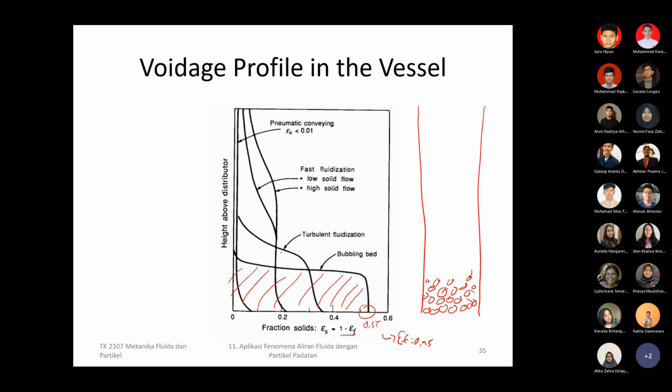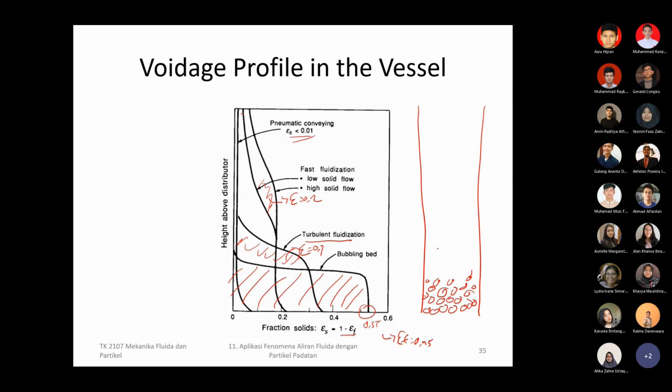And then at the top side, now you're working with turbulent fluidization, and see where the epsilon is here. Here the epsilon is already 0.3 something, so the epsilon of the fluid is already 0.7. Then you have fast fluidization, maybe here your epsilon is already around 0.2, and then at the top you have epsilon less than 0.01.